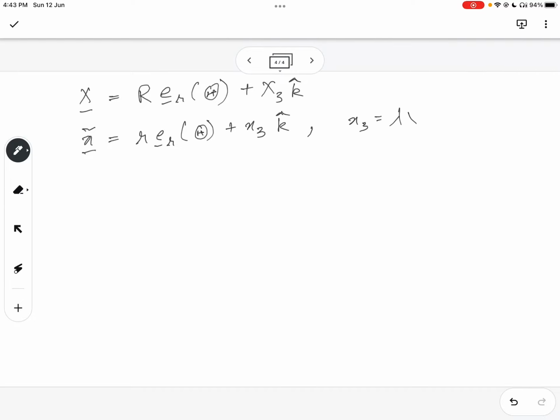So x is r times cos ψx3 e_r(Θ) plus sin ψx3 e_θ(Θ), a function of capital Θ plus x3 k̂, and x tilde is r e_r(Θ) plus x3 k̂.